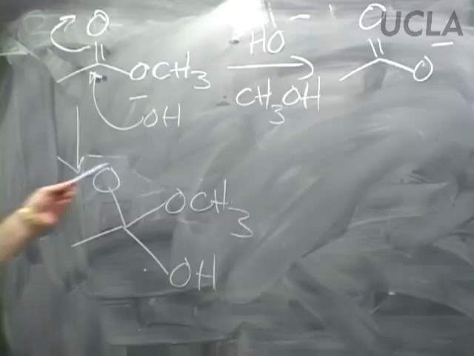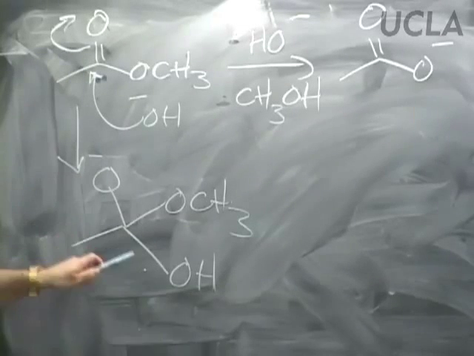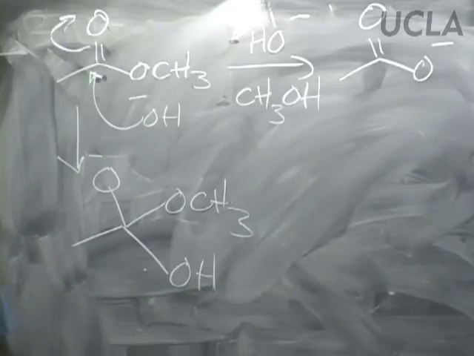This new beast that I've drawn here is called a tetrahedral intermediate. Very good. Remember, the carbon goes from sp2 to sp3, tetrahedral. A tetrahedral with a negative charge on the oxygen, when it wakes up in the morning and it looks at its to-do list, it doesn't even turn off the alarm clock because that is not on its to-do list. It doesn't even go to sleep because that is not on its to-do list.